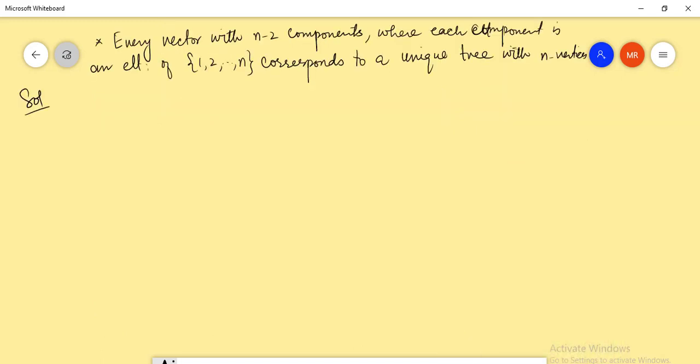Now we consider the reverse implication of the previous problem. And it says that every vector with n-2 components, where each component is an element of this set, corresponds to a unique label tree with n vertices.